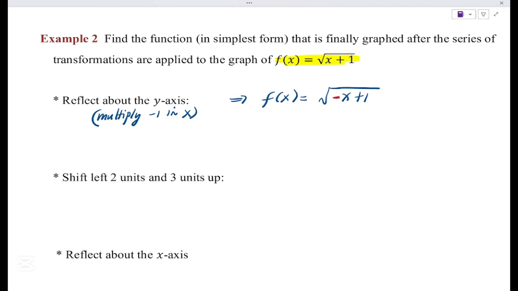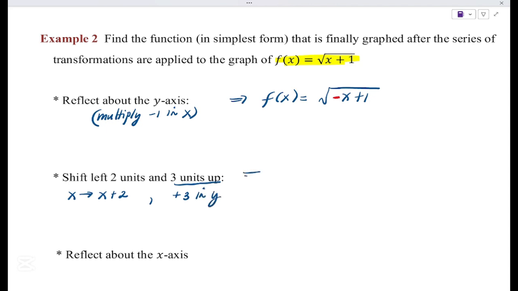Then after that, based from this function, we will shift left 2 units and 3 units up. When we shift left 2 units, we have to replace x by x plus 2. And when we shift 3 units up, we will add 3 in the function y.